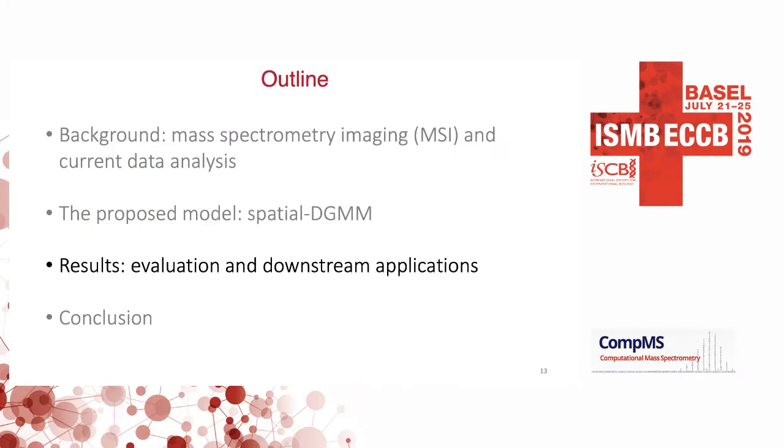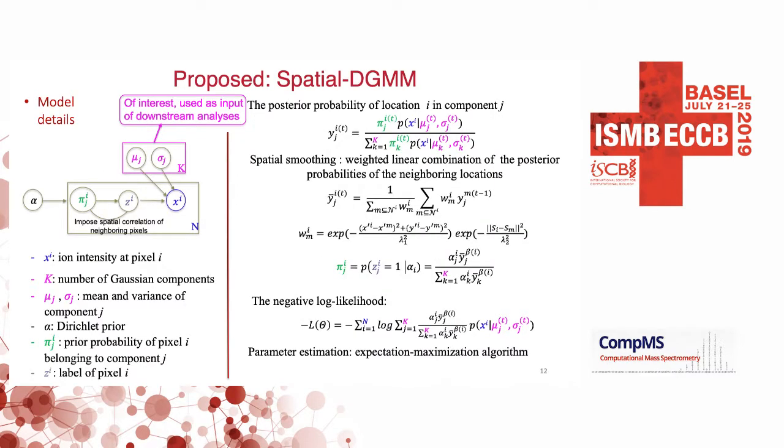We have the negative log likelihood like this, and we use the expectation maximization algorithm to get the parameter estimates. And once again, mu_j,k are the parameters we are interested in and will be used as input of downstream analysis.